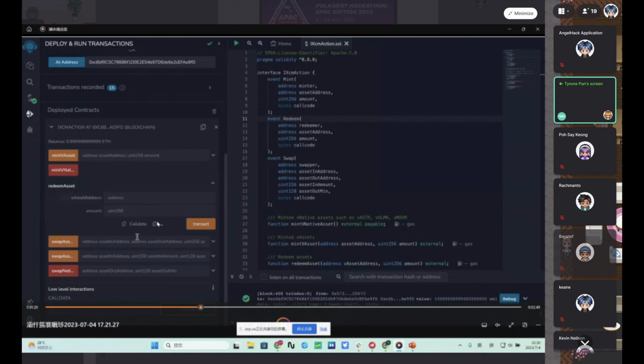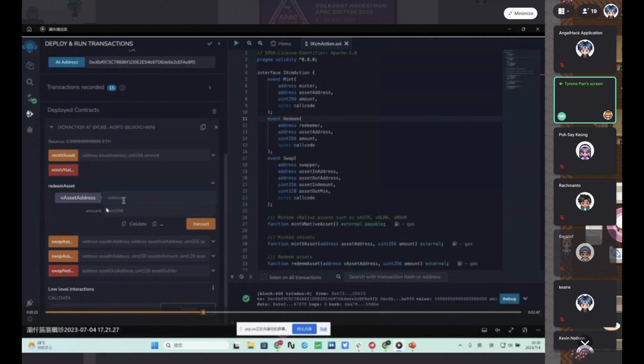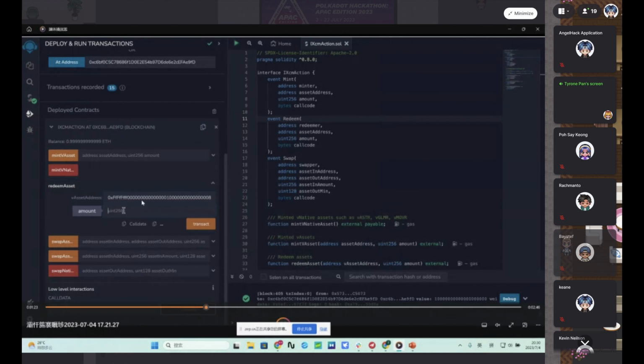Okay, so next step, we need the vAsset address. Let's say the vGLMR address is something like a token address on the Moonbeam EVM.